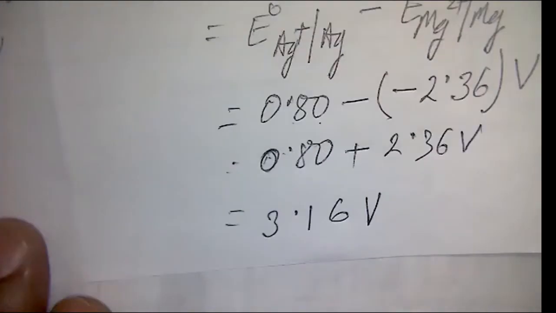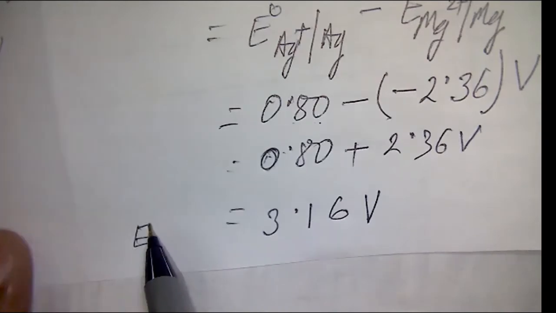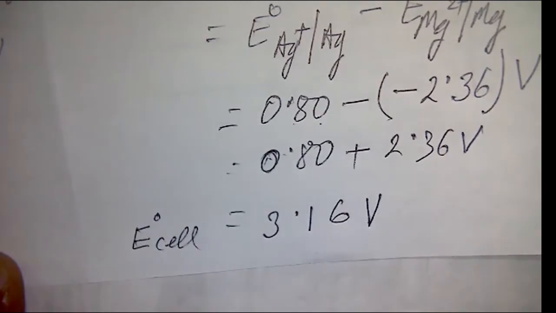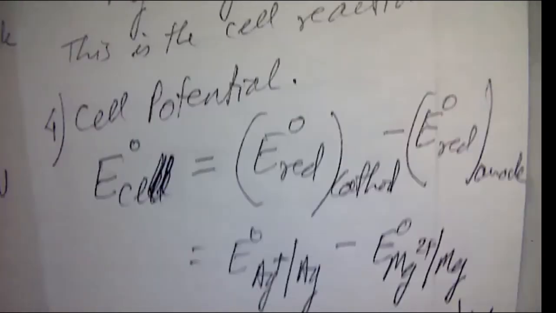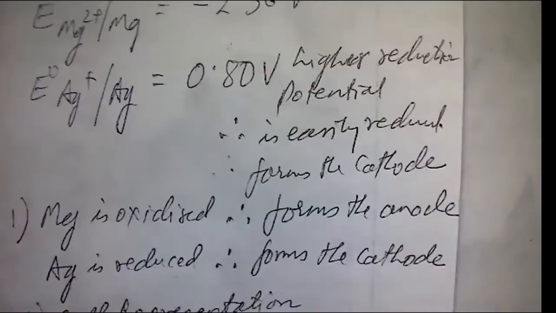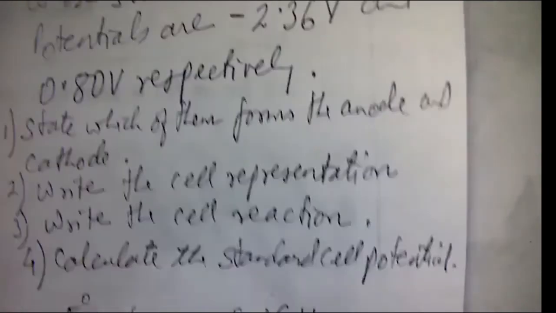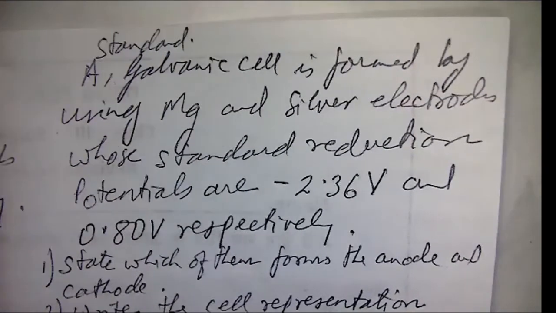So the E naught of the cell or the EMF of the cell is equals to 3.16 volt. Understood? So this type of questions, very easy ones, you can always practice them. Practice this type of sums, whatever I have given you, isn't it?